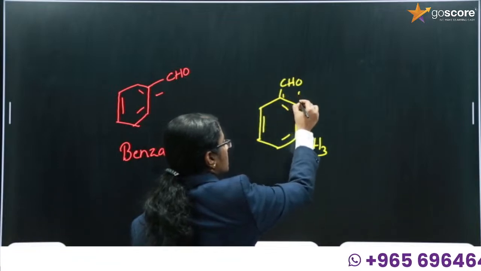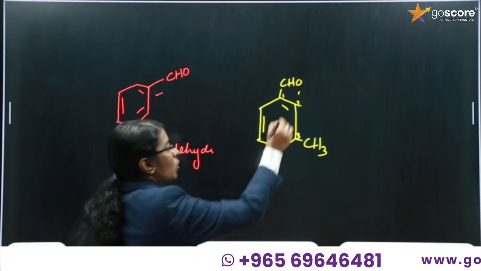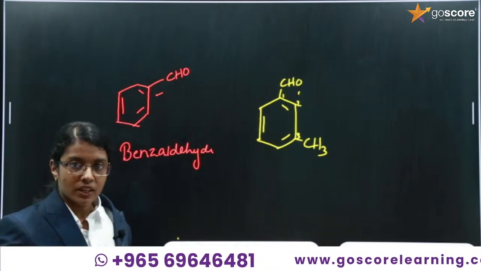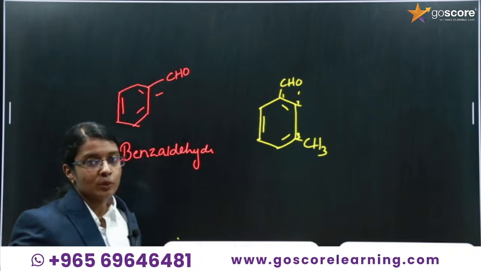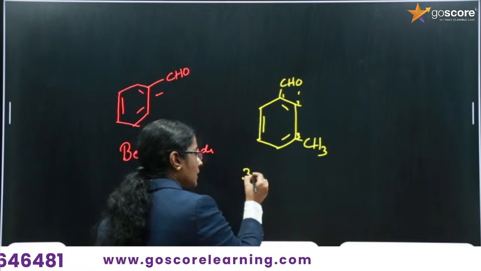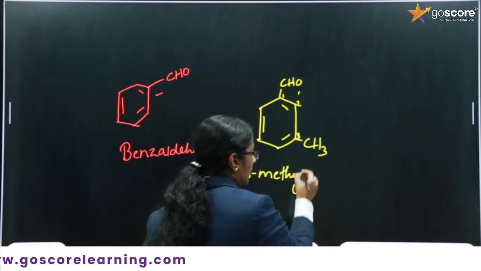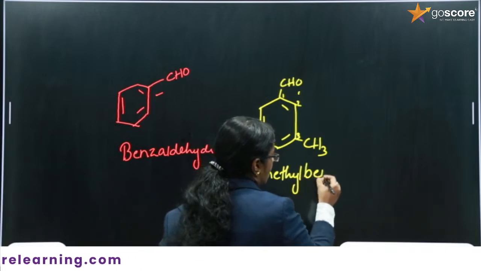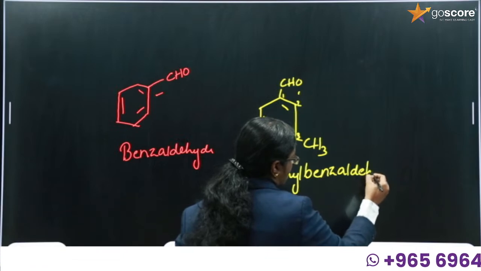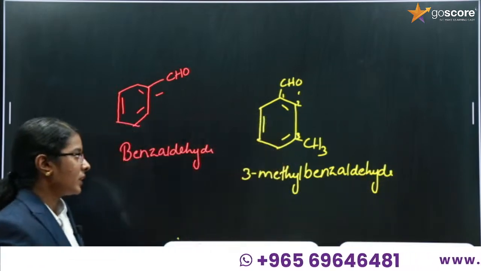On the third position. So it is 3-methyl. You already know that a benzene ring containing a CHO group is benzaldehyde. You only have to indicate the position of the substituent: 3-methyl benzaldehyde.